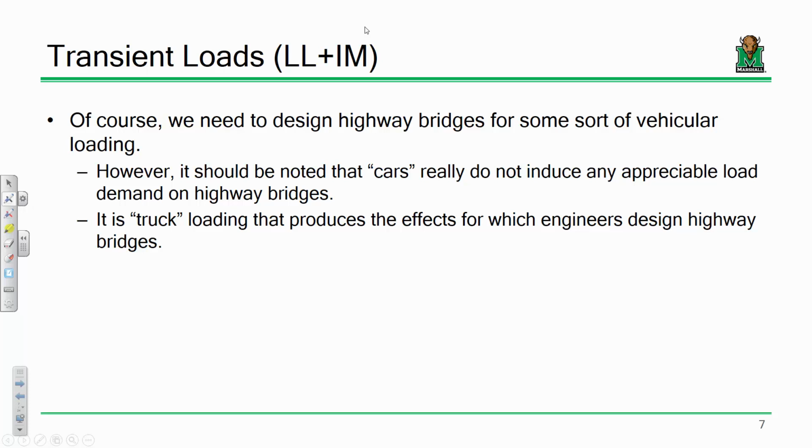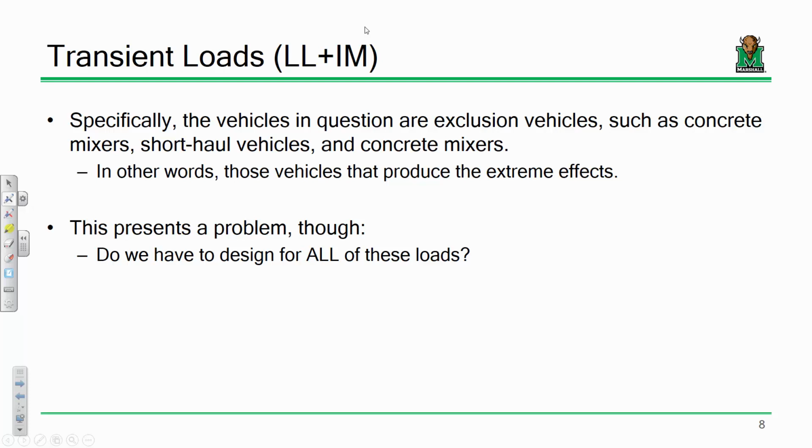Now, we need to design bridges for vehicular loads, but it should be noted that cars, and I say cars, like I drive a Hyundai Elantra, bridges don't really give a damn about my car. They get that for free. By vehicular loads, what I mean are exclusionary truck loadings, so heavy truck effects.